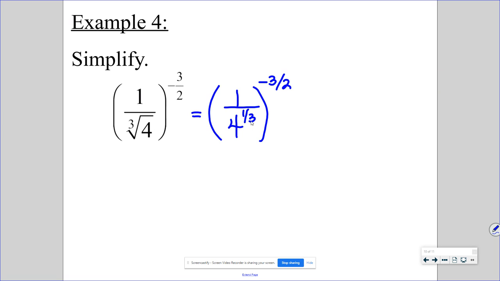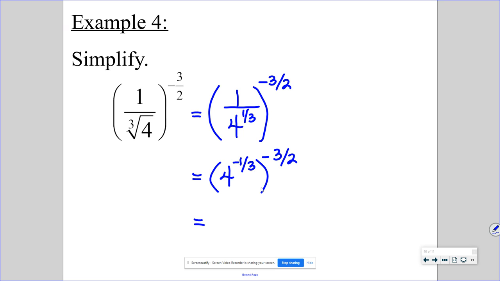And that would be helpful if this down here was written as a power too, because then I can just use the power rule. I think I'm also going to rewrite this as a negative exponent. That way I'm not looking at the fraction part of it, because essentially what I want to do is multiply these powers together, and I just think it would be a little easier this way.